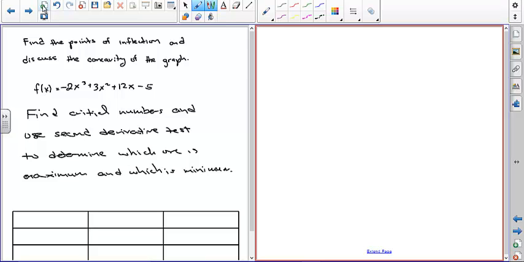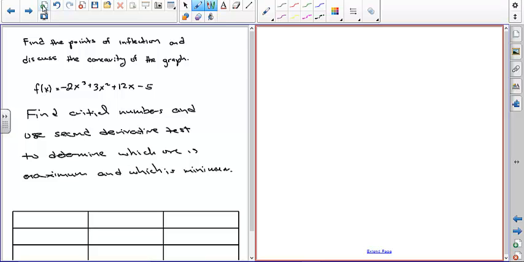make some comment about concavity, and then relate the position of the critical numbers to which interval they're in as far as concavity, and then you can use that information to figure out which one's a local minimum and local maximum.